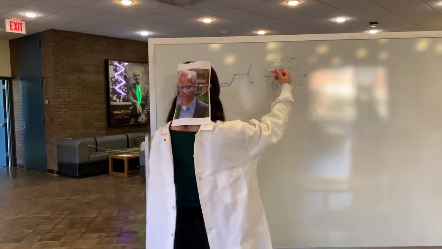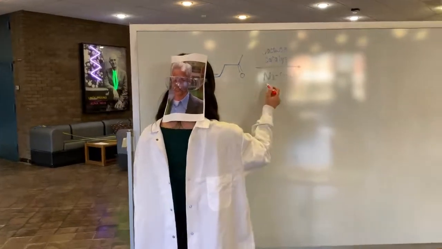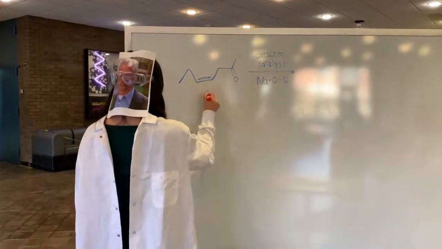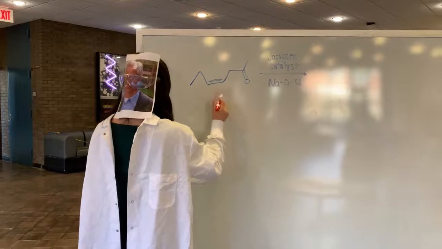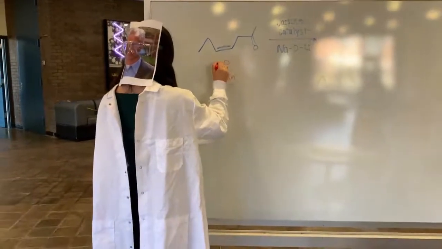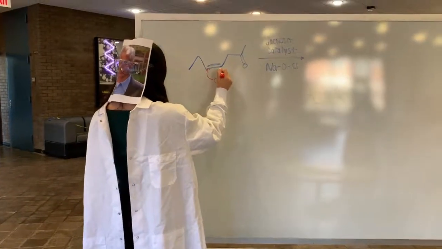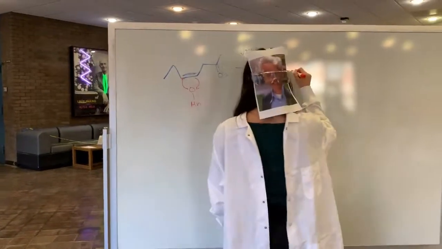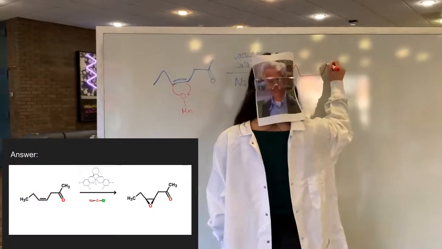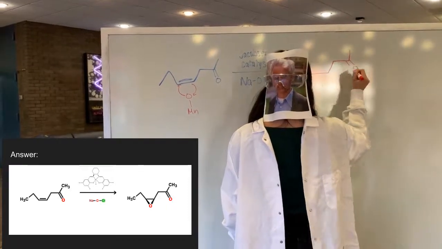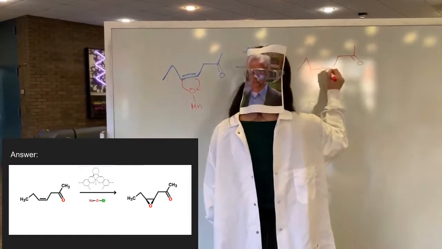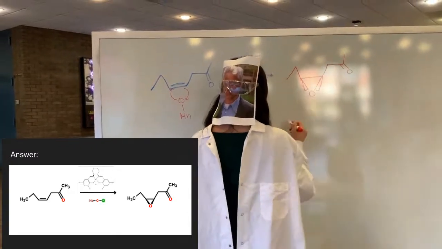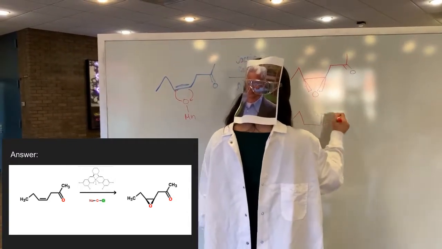The Jacobsen catalyst becomes activated due to the bleach, and then the activated catalyst has the oxygen and the manganese, and the oxygen attacks the double bond, and then the double bond attacks the oxygen, resulting in an epoxide to form. And this can be either wedged or dashed.